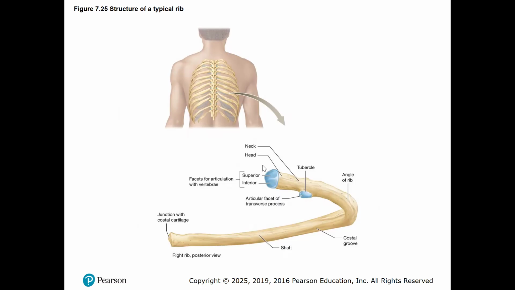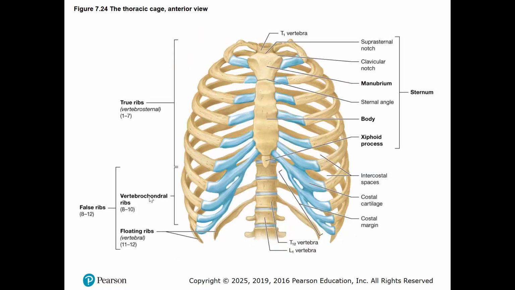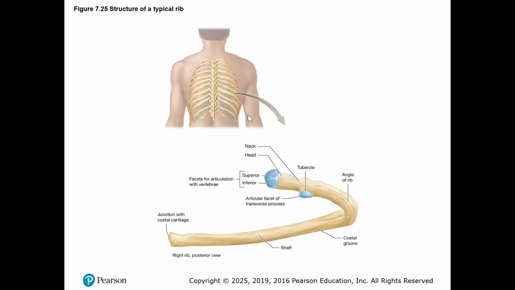So you see your superior and inferior articulation vertebral facets, and you see your transverse process, your tubercle here that's going to articulate with the transverse process of the vertebrae. And these are bumpy. You can usually tell that that's the bumpy end. And then a smoother end, this junction here with costal cartilage that's going to attach pretty easily and smoothly here with the sternum.